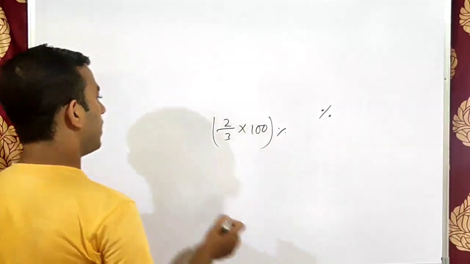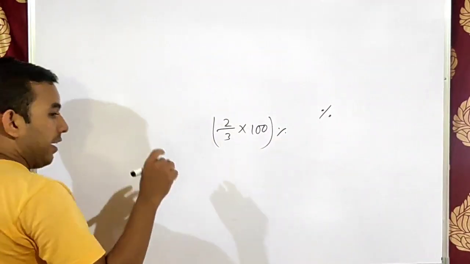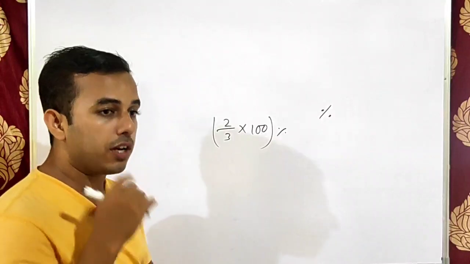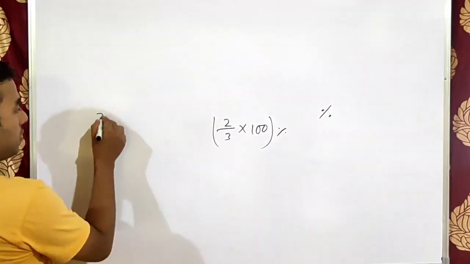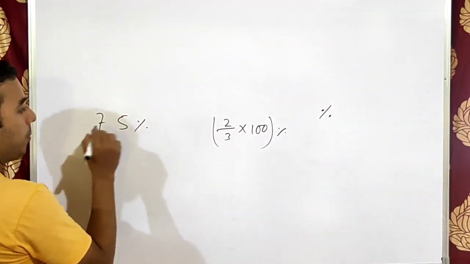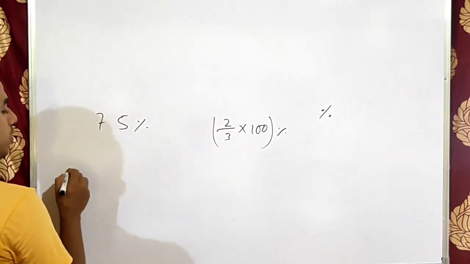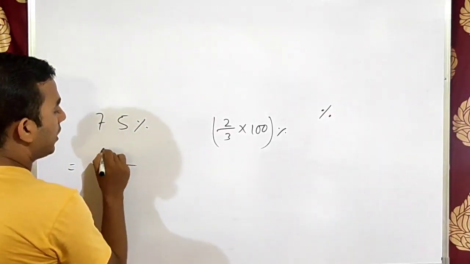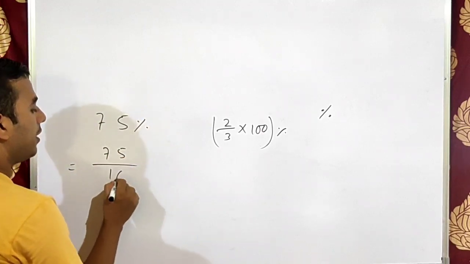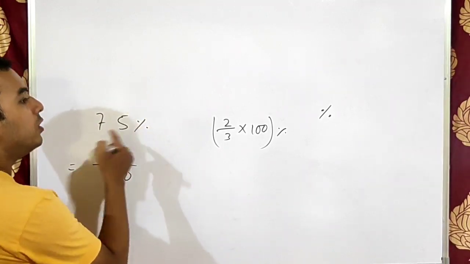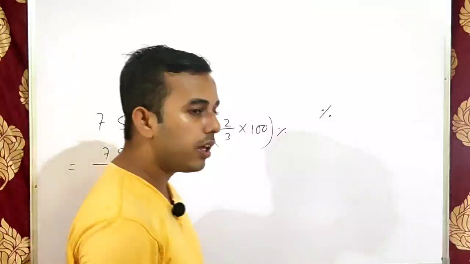Now, to convert a percentage into a fraction, what do we have to do? For example, 75%. To convert this into a fraction, we have to divide it by 100. So 75 divided by 100, and we remove the percent sign.